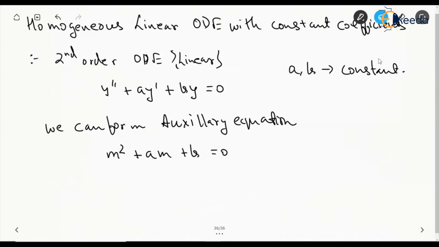In this equation, in the very simplest manner, you can replace y or its derivative. So y is the zeroth derivative, so it is simply m to the power 0. The first derivative is m to the power 1, the second derivative is m to the power of 2, and like that. So if it was a higher order, let's say y triple dash, in that case we can replace it with m to the power of 3.